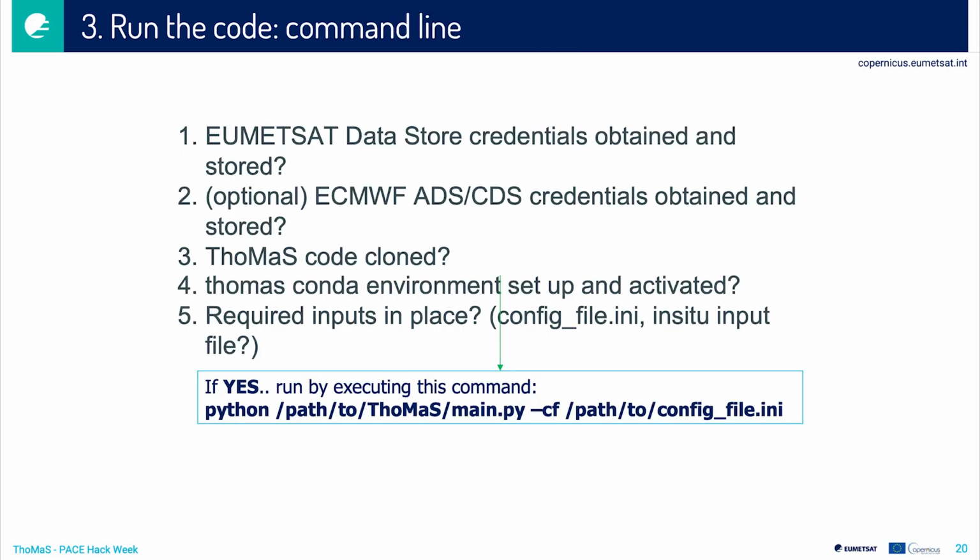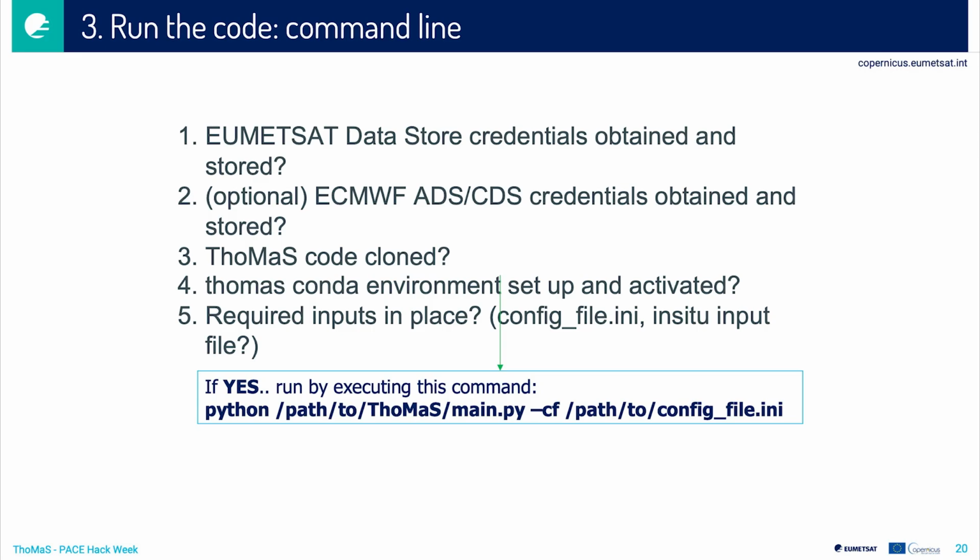To run ThoMas, in your case, you need an OVPG credential, so your Earthdata user and password stored in a hidden file that is documented in the README. Forget about step 2. You need to clone the code, of course, set the conda environment, and set your configuration file, this sort of file that is shown here with the different steps.